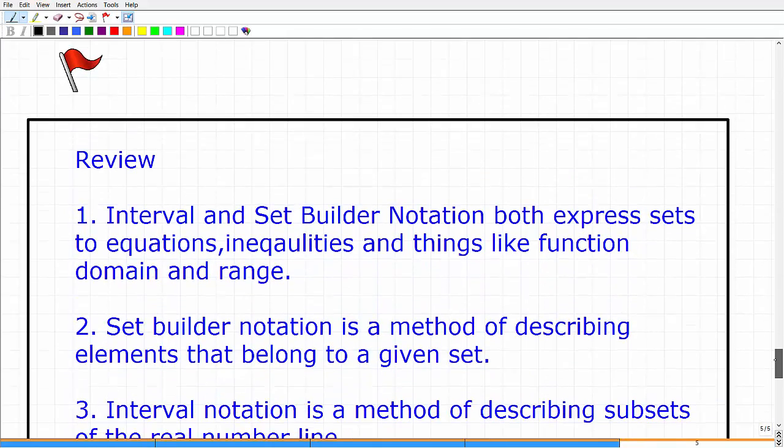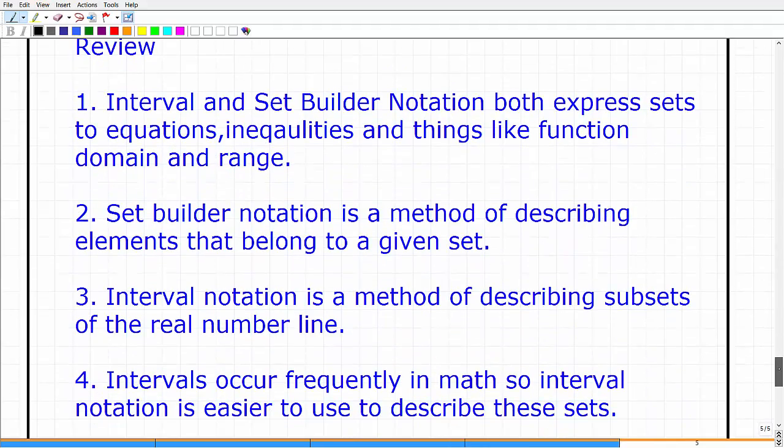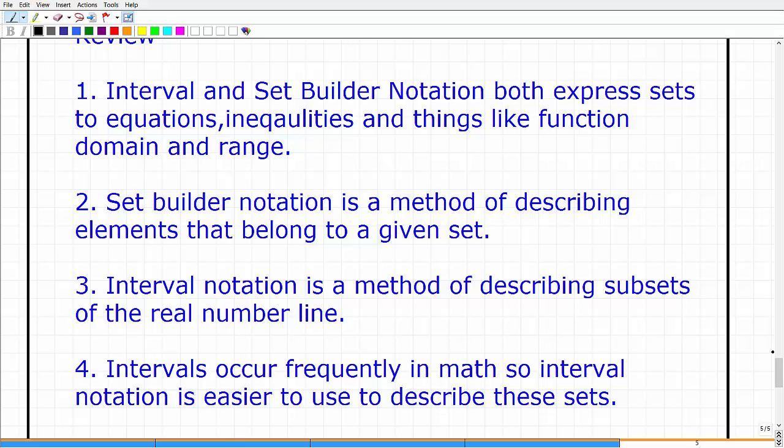All right, so in review, interval and set builder notation both express sets, such as solutions to equations, inequalities, and things like function domain and range. So these inequalities, things that are greater than or equal to, are what we use in straight inequalities.